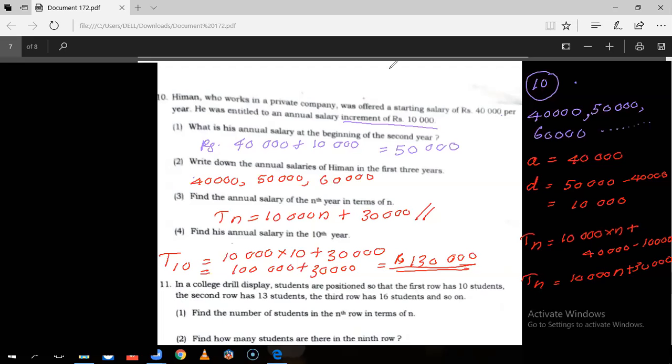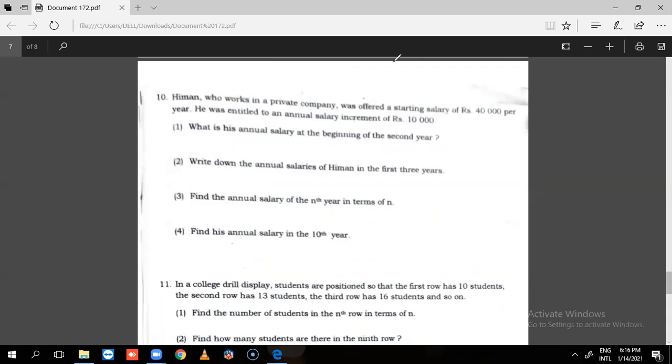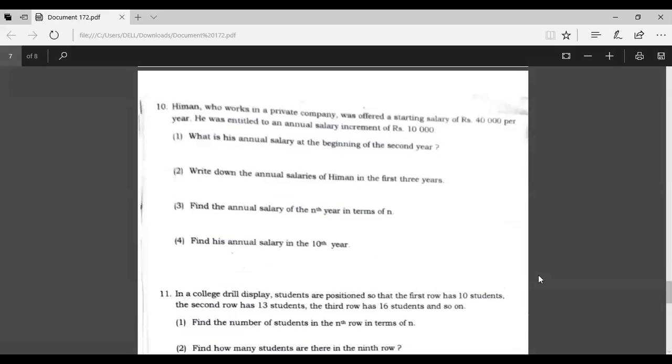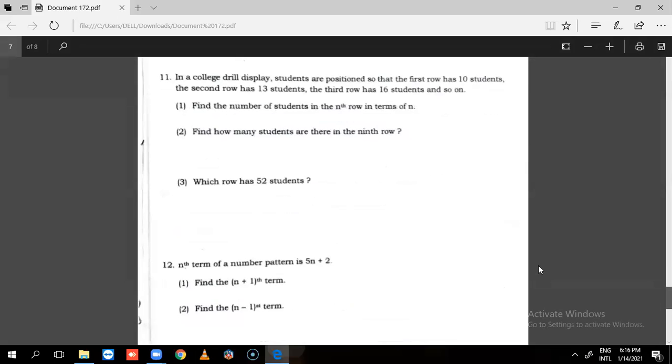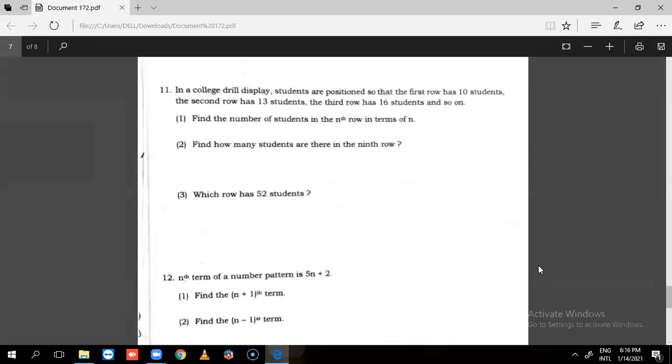Okay, I will clear this. Next one. Eleventh question. The college will display students positioned so that the first row has 10 students, the second row 13 students, the third row has 16, and so on.